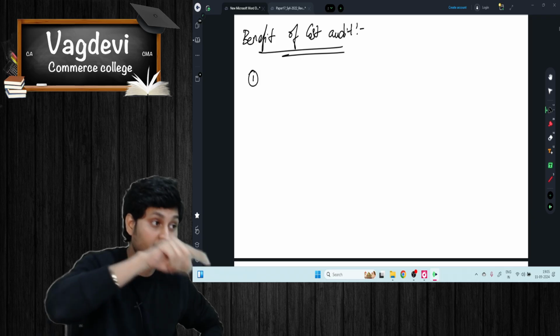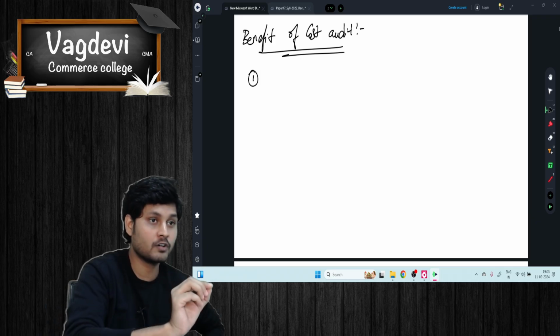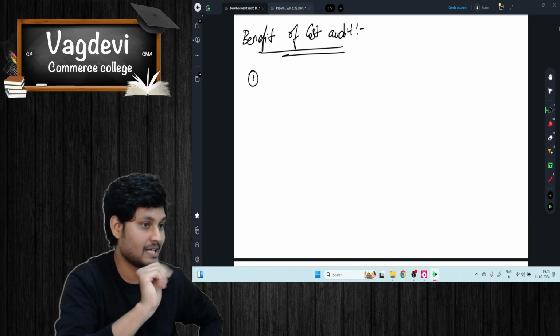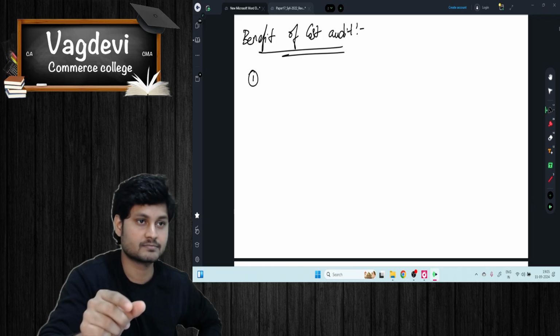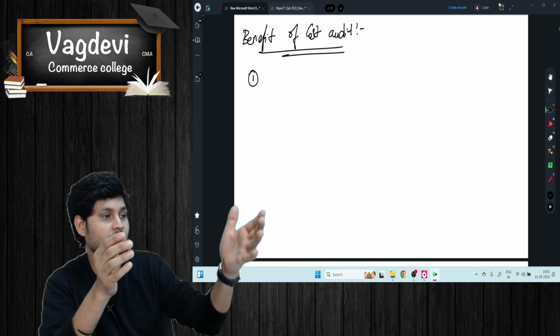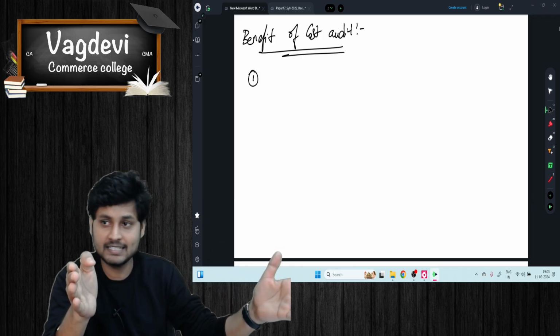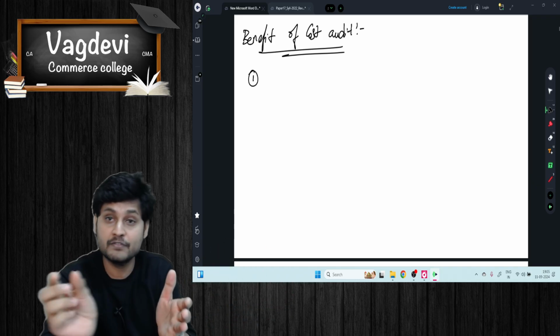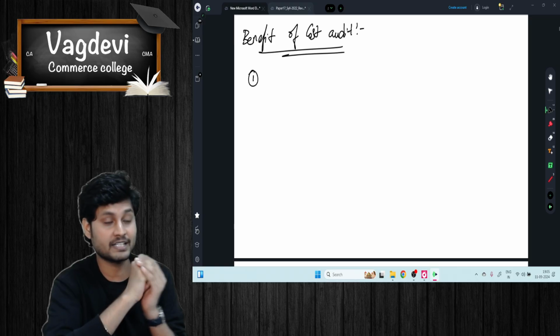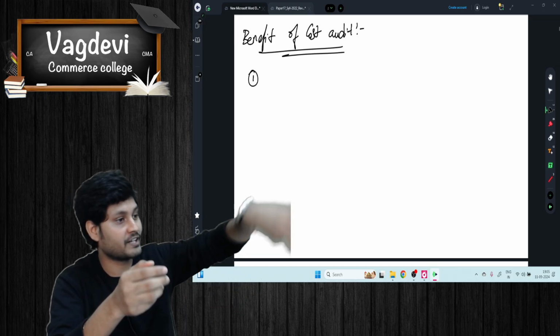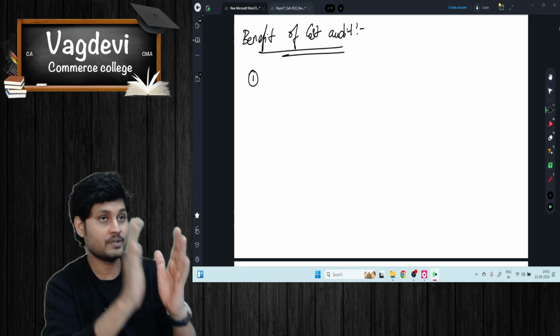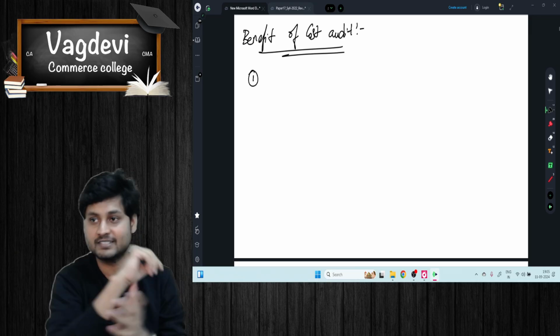But cost audit is applied for specific companies only. I'm not talking about industry now. Cost audit is applicable for companies. So from 1965 to 2008, cost audit is applicable for individual companies, while cost accounting records are applicable for 44 industries. So accounting is for industries, and audit is for companies.